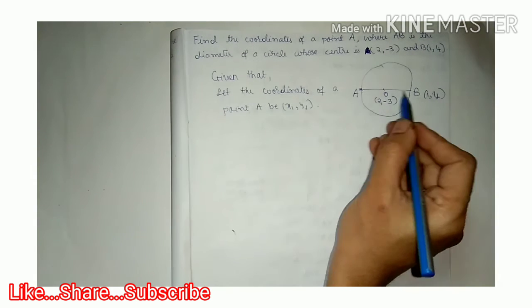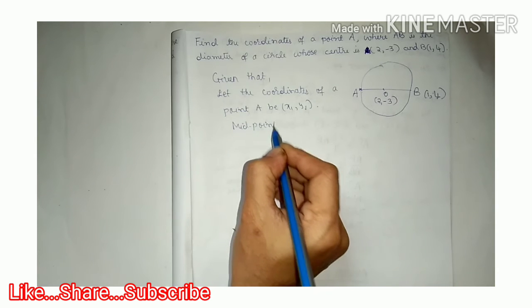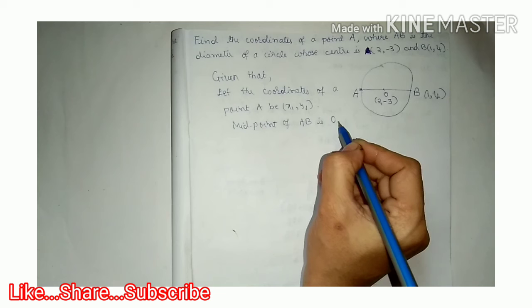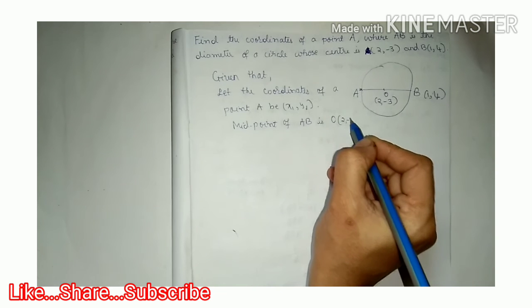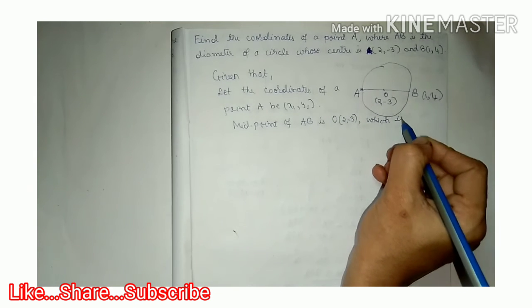Here the midpoint of AB is O, which is the center of the circle.